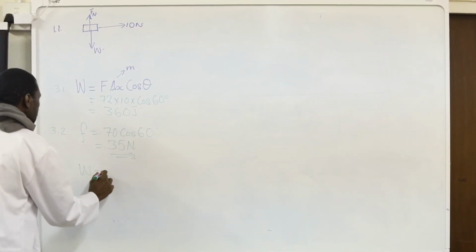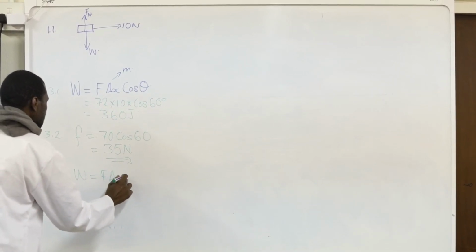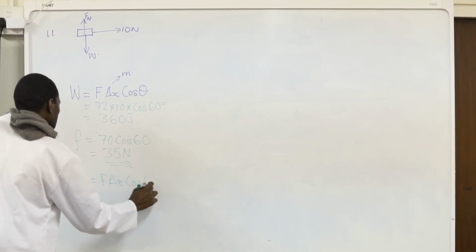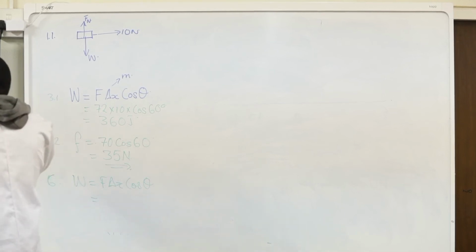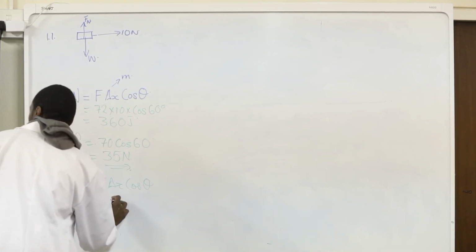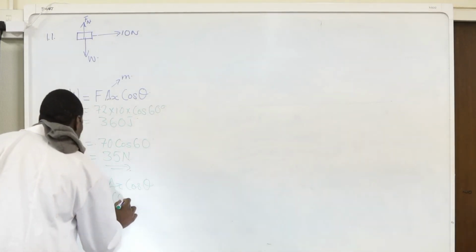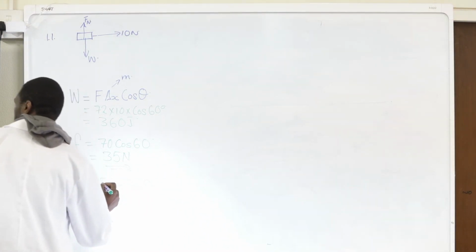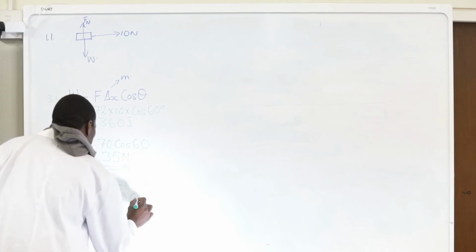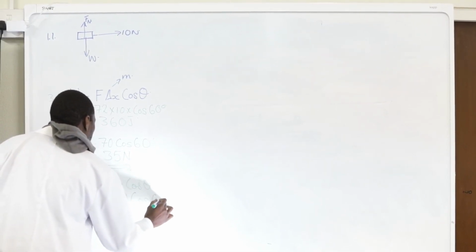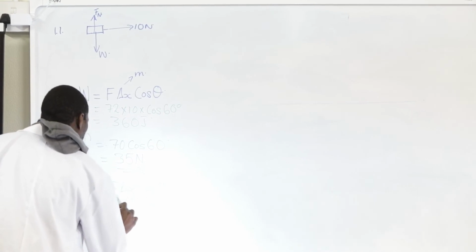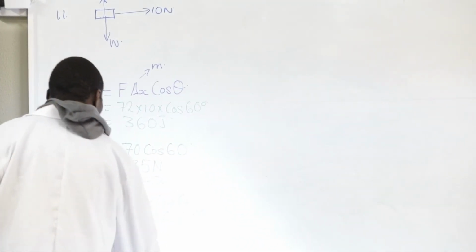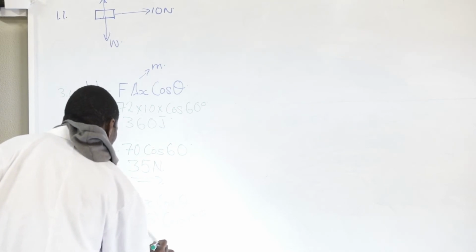Work done is equal to F, change in x, multiplied by cos of theta. That's 8 times 5 meters times cos of 0 degrees. So 8 times 5 will be 40. Our answer there is 40 joules.